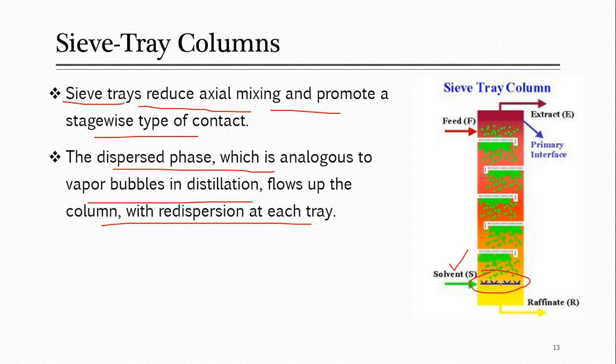They are analogous to bubbles, not specifically in the form of bubbles, but they are droplets. So droplets start moving towards the top, and liquid is coming from top to bottom, so they are coming in contact on each tray.